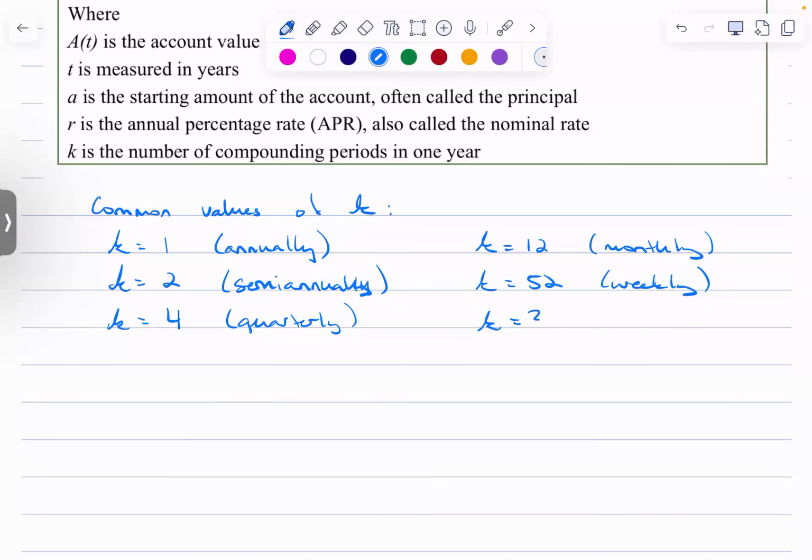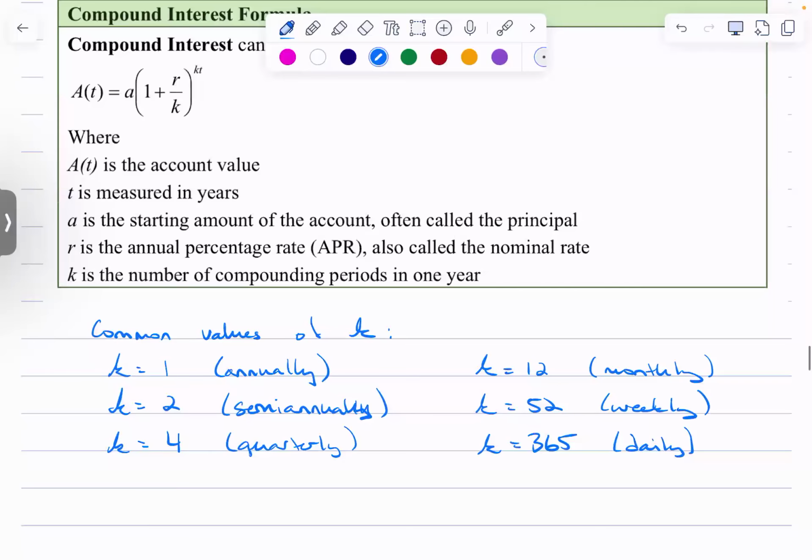And then K is, we're gonna assume 365 for daily. There's leap years and stuff like that, but we ignore those. Okay. So some common values just to be aware of, right, are these. There's others, but like I said, we're not going to spend a lot of time with this formula, and so who cares?